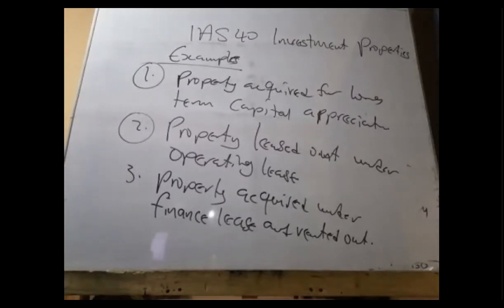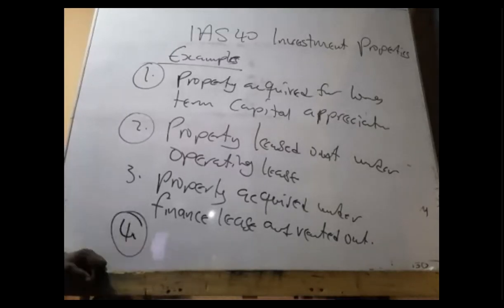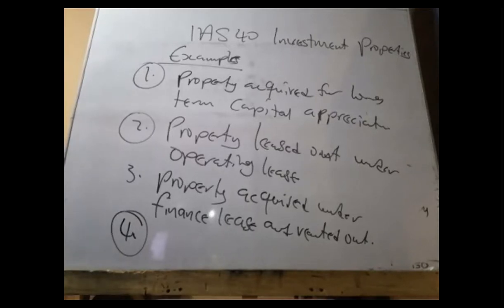Then it ceases to be an investment property. So add that one as 2.4: property acquired for undetermined use, or where the decision to use the asset has not been determined. Take note of that.